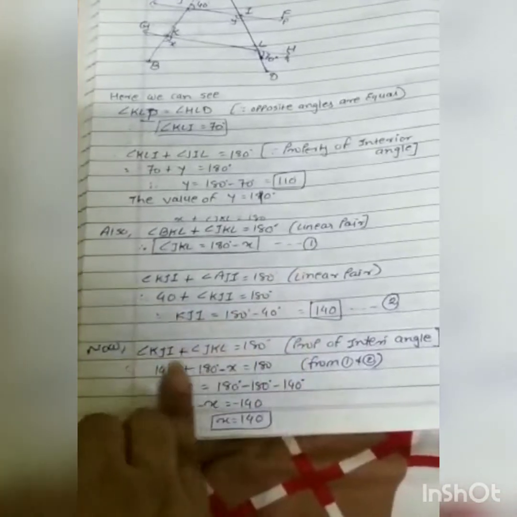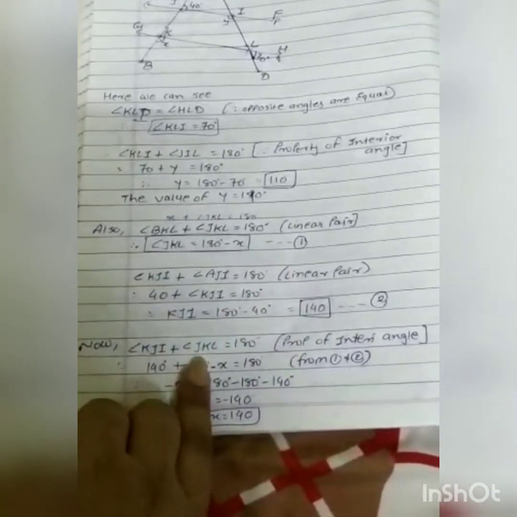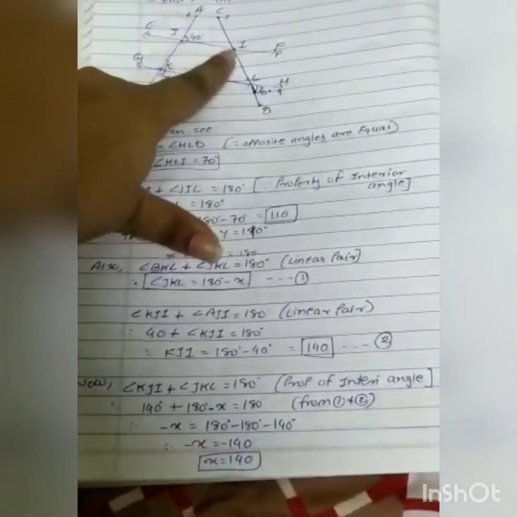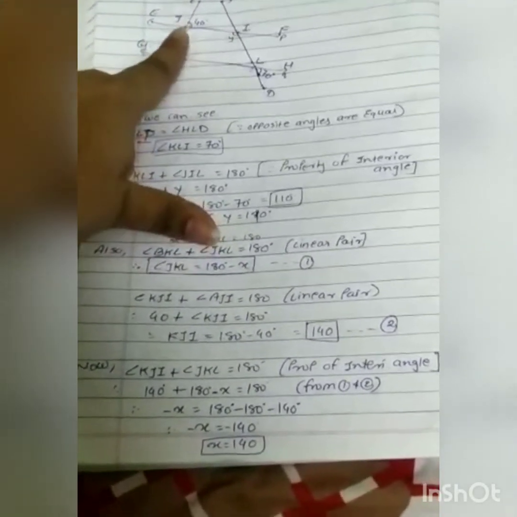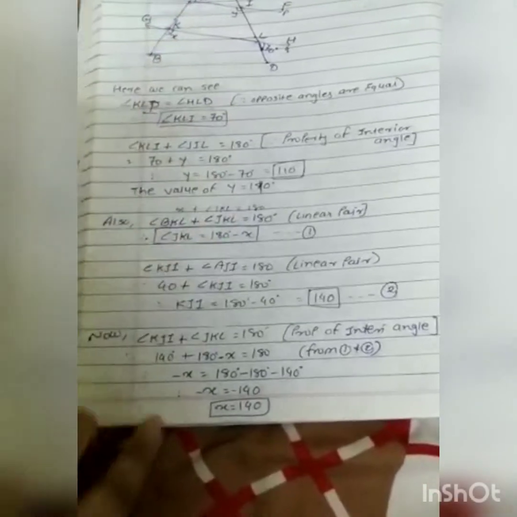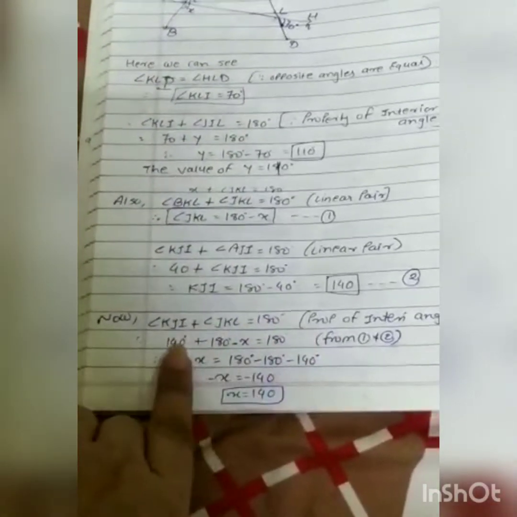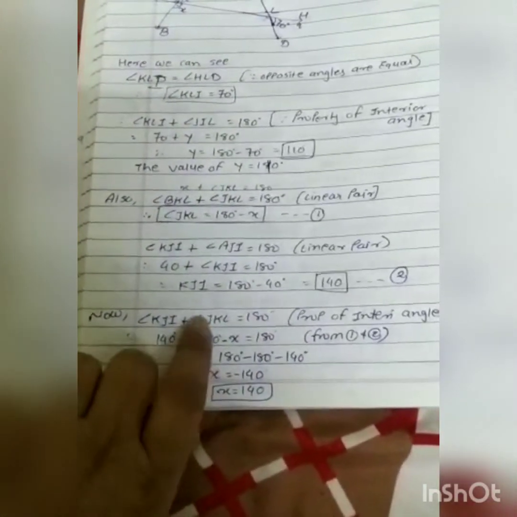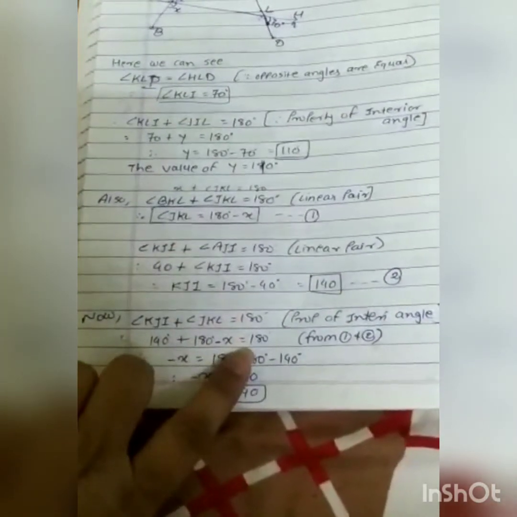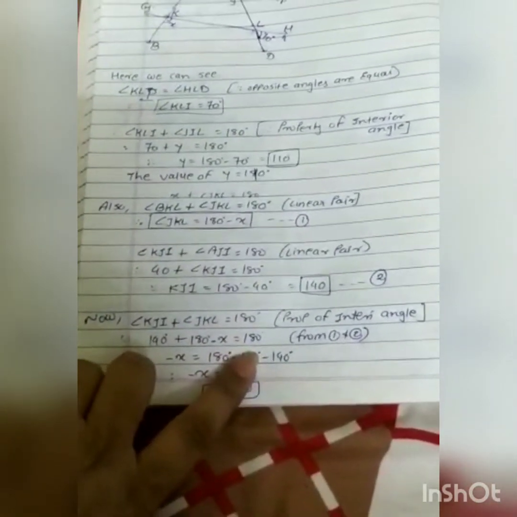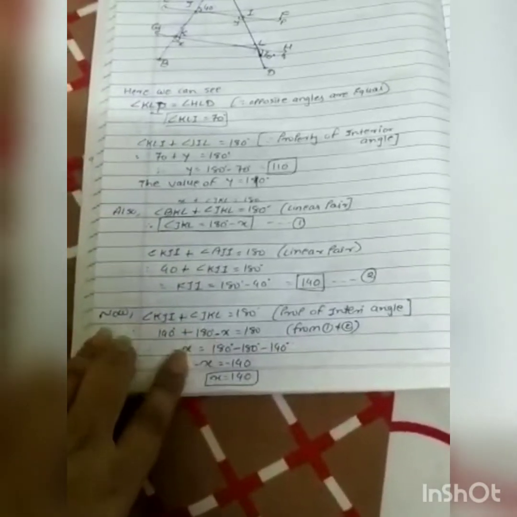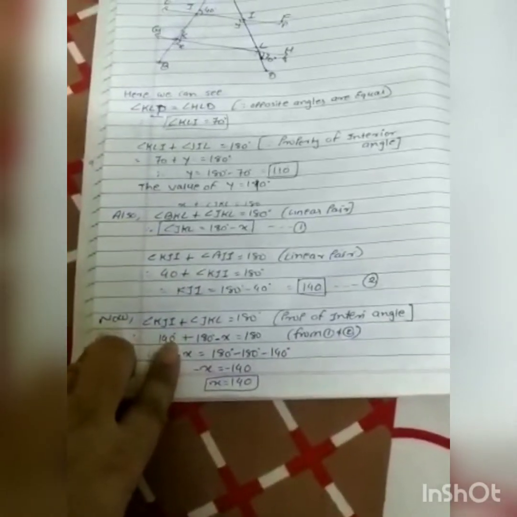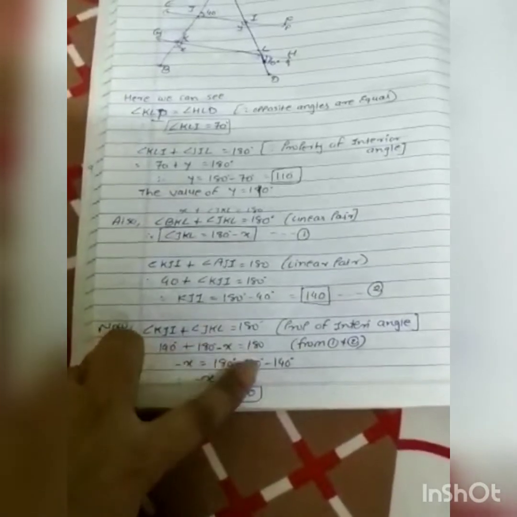From 1 and 2, see, KJI plus JKL. They are a pair of interior angles which is equal to 180 degrees. KJI we have 140, JKL we have 180 minus x, is equal to 180. Understood? Now minus x. Variable on one side and numbers on the other side.